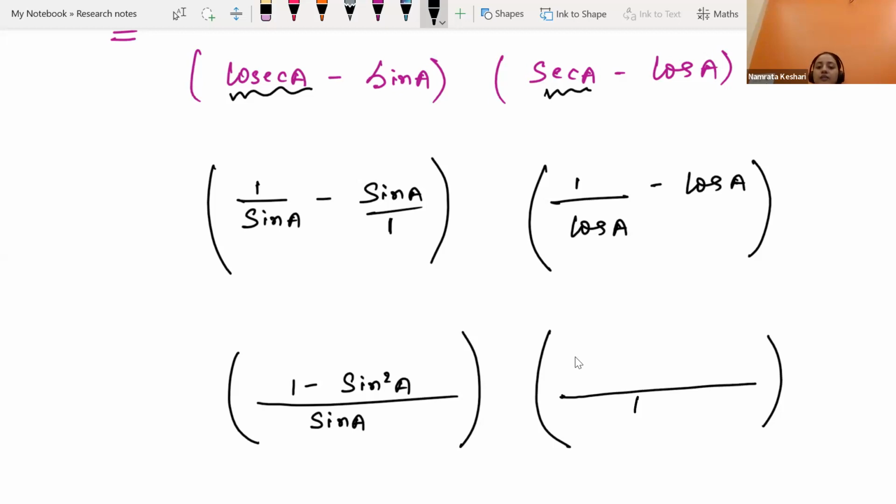Here cos A is the LCM, and the numerator will be 1 minus cos square A.